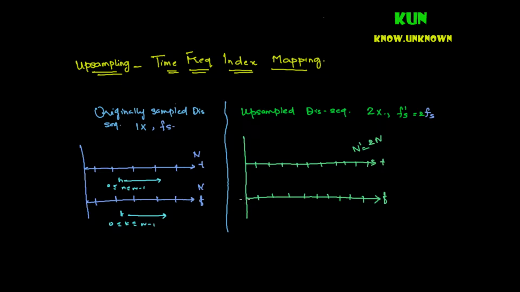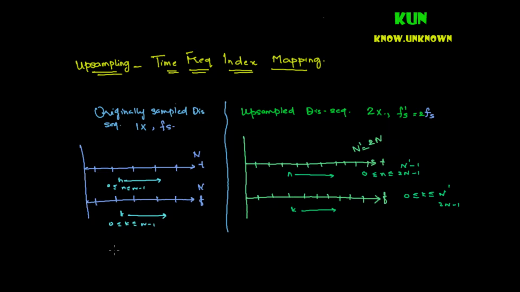For the upsampled signal, the running time index n varies between 0 and 2 times n minus 1, or you can call it n dash minus 1. They're one and the same. And the running frequency index k varies from 0 to n dash, and for clarification we can put this as 2 times n minus 1.